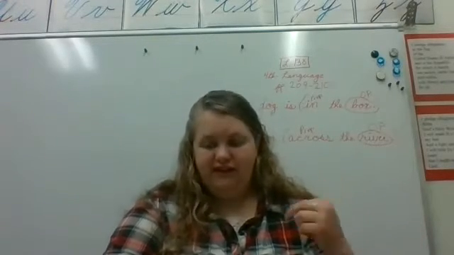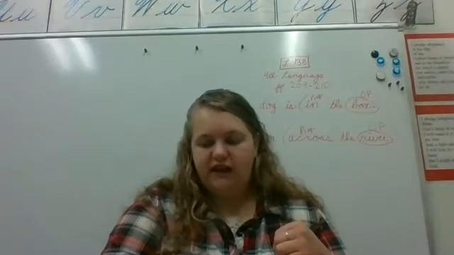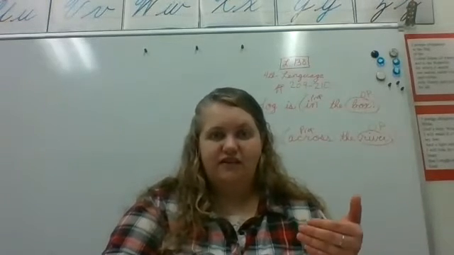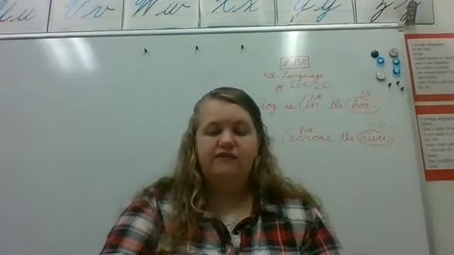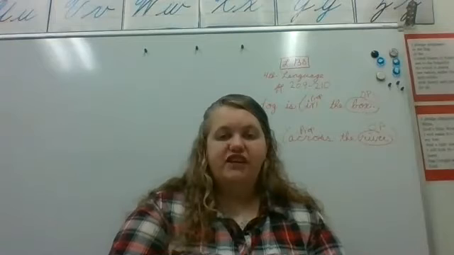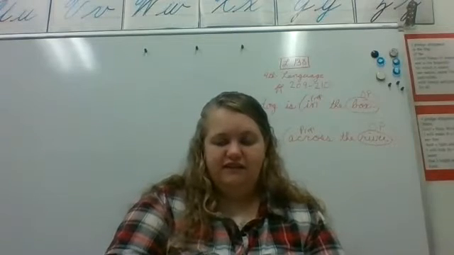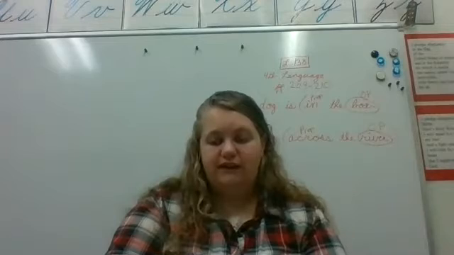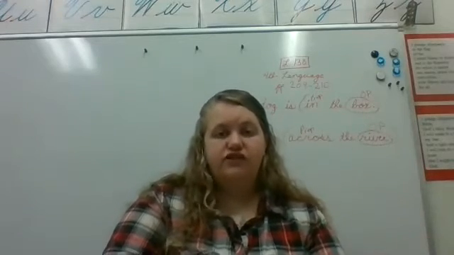Number 2, he looked down the street to make sure no one was coming. Down again is the word that we're looking at. It's underlined. We have to know if it's a preposition or an adverb, okay? Is there an object after down? Yes, the word street, down the street. Where he looked was down the street, okay?